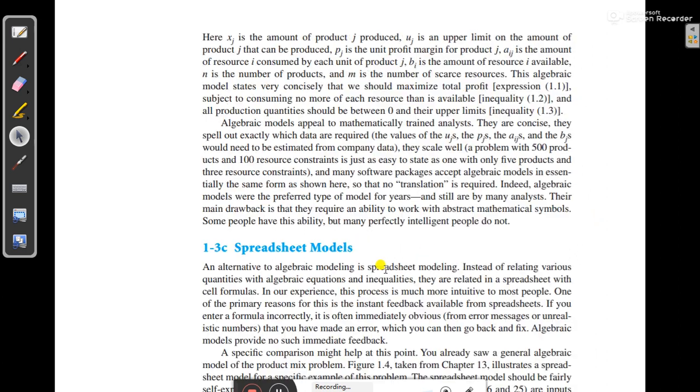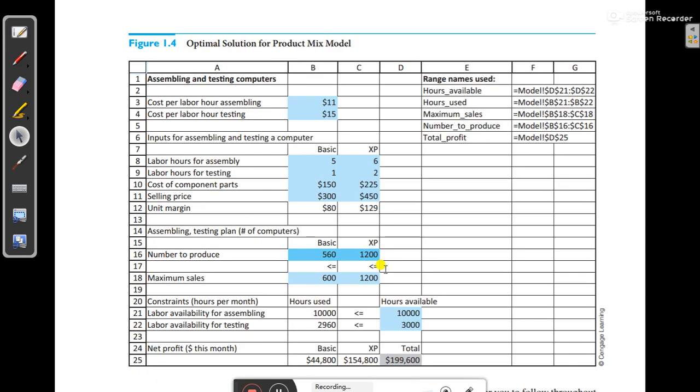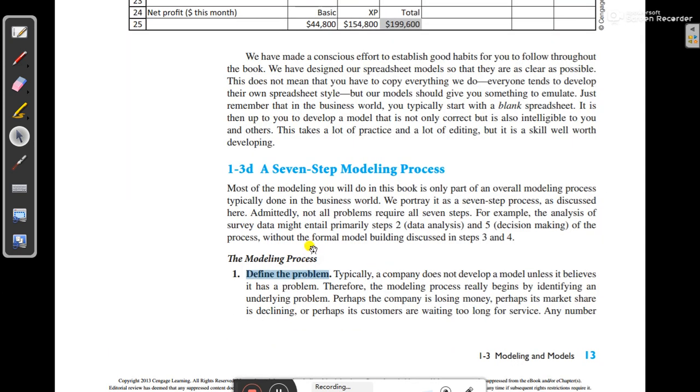For a business organization, the problem might be different with respect to the business procedure. We need to define the problem, whether we need to maximize the profit, maximize the storage, or minimize the loss. There might be different kinds of scenarios for different kinds of business. So it is very important to define the problem first.